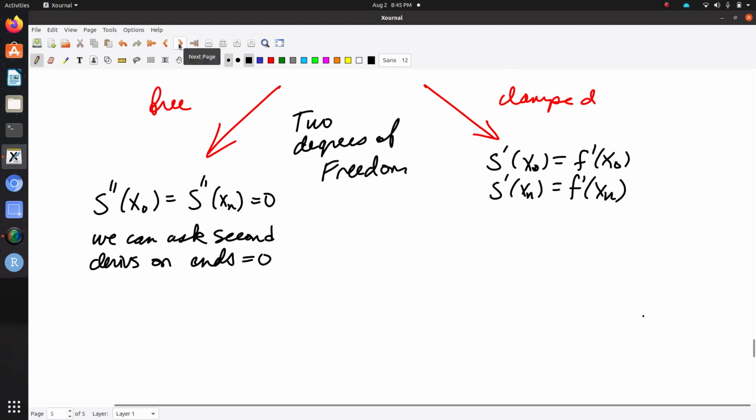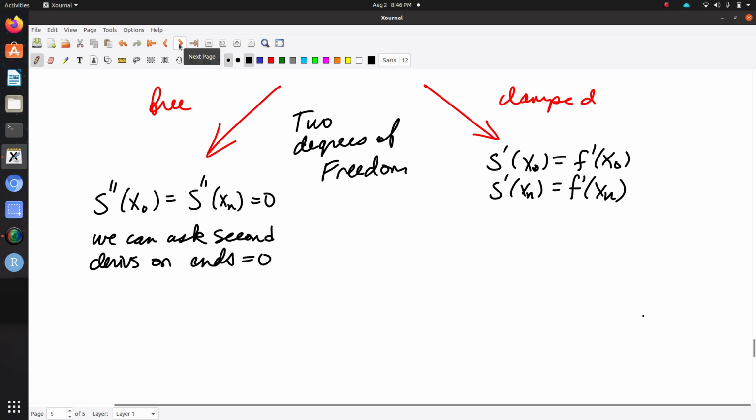Here we're saying, we have two degrees of freedom left. What are we going to do with them? Well, we could just ask the endpoints to match the derivative that the original function had there. That would require you to know the derivative of the original function at that point. Otherwise, if you don't have any extra samples, you're just going to do something less useful by estimating somehow.